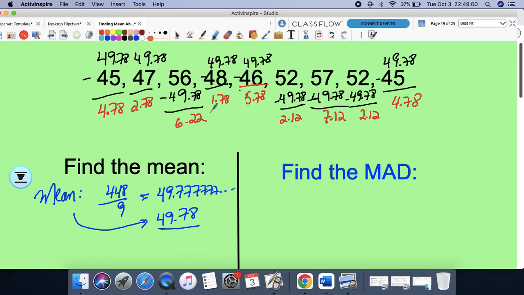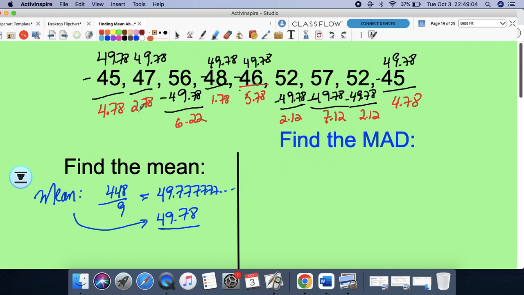The rest, okay. So how do we find the MAD? To find the MAD, we're going to add all these numbers, and I'm actually going to write it for you. So 4.78 plus 2.78 plus 6.22 plus 1.78 plus 5.78 plus 2.12 plus 7.12 plus 2.12 plus 4.78.